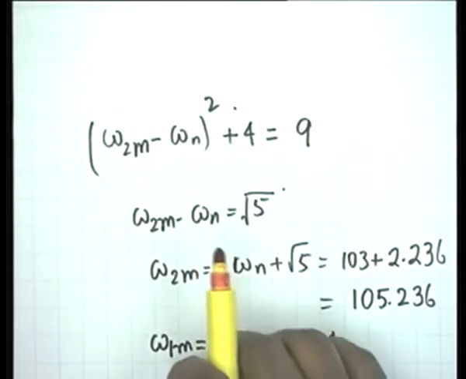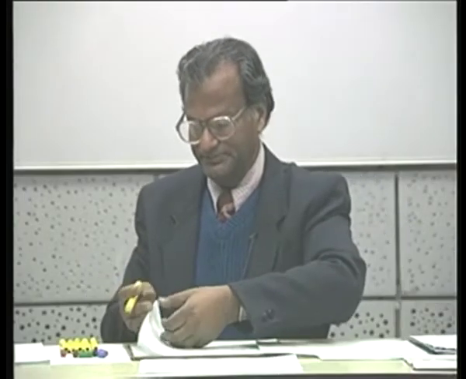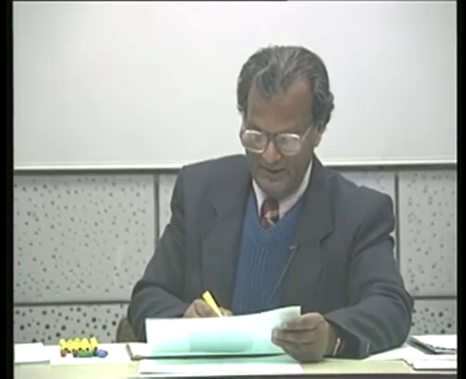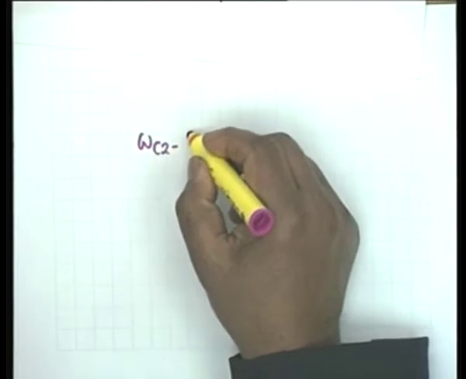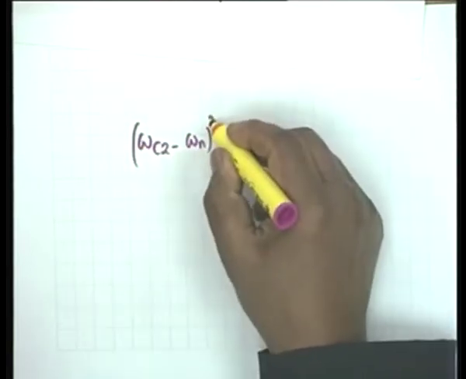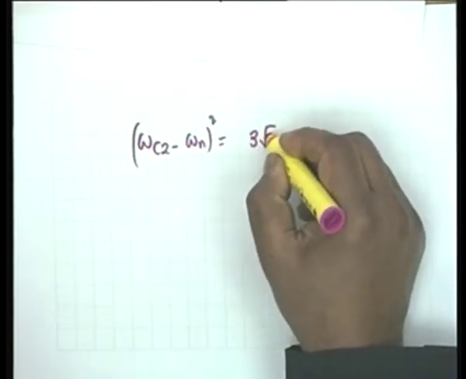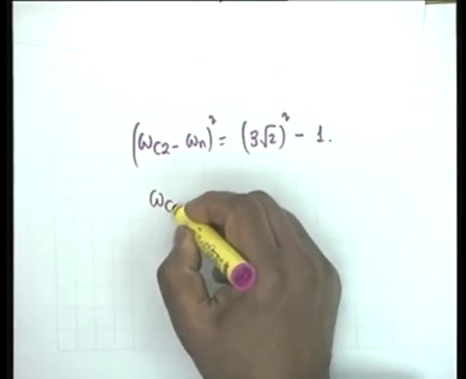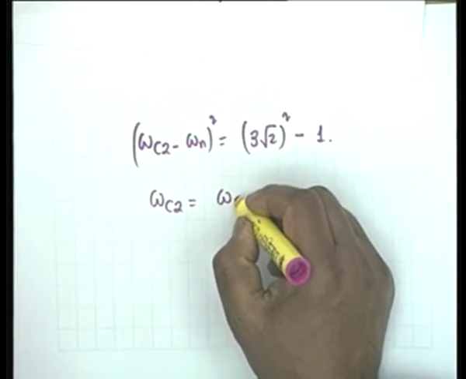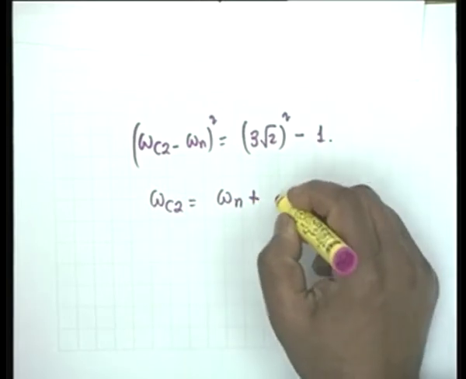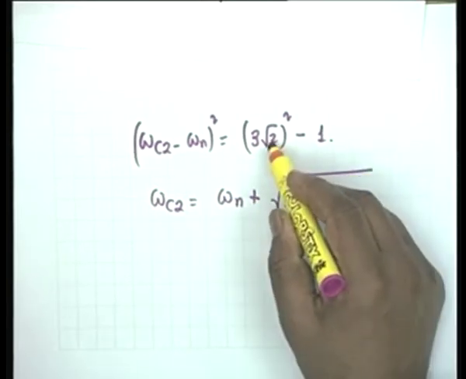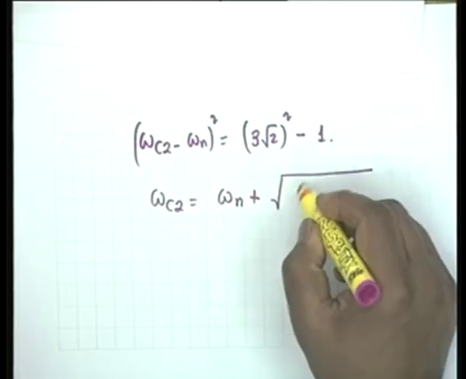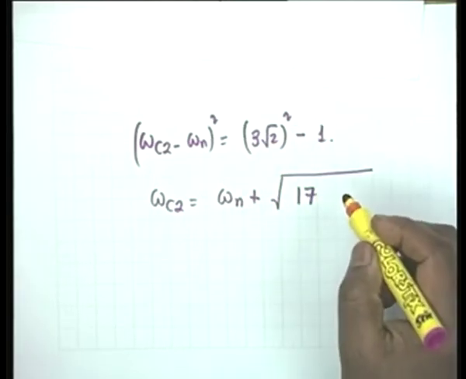Therefore, what I get is the following: omega C2 minus omega n whole squared would be equal to 3 root 2 squared minus 1, and therefore omega C2 is equal to omega n plus square root of how much is this? 18 minus 17. Okay.